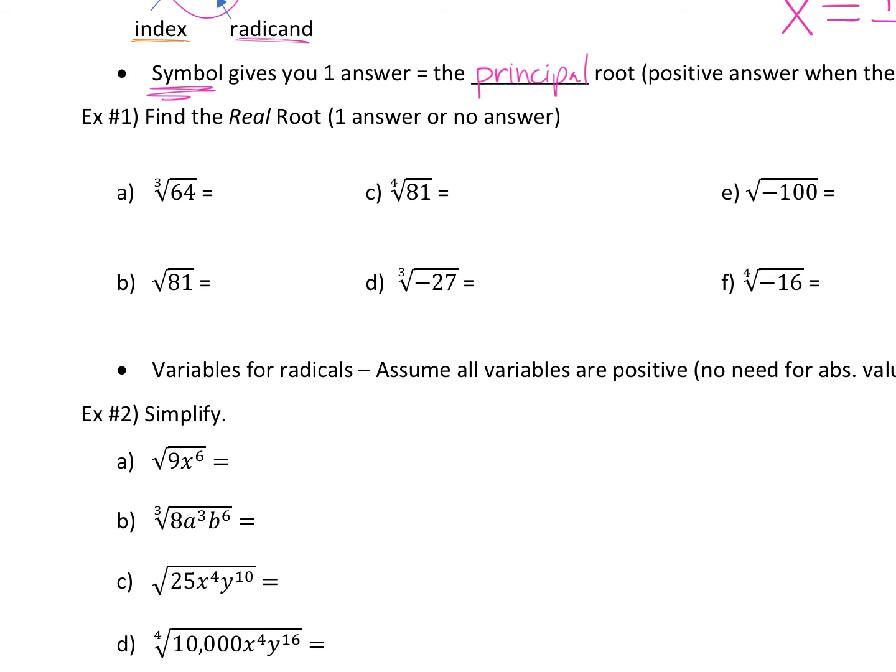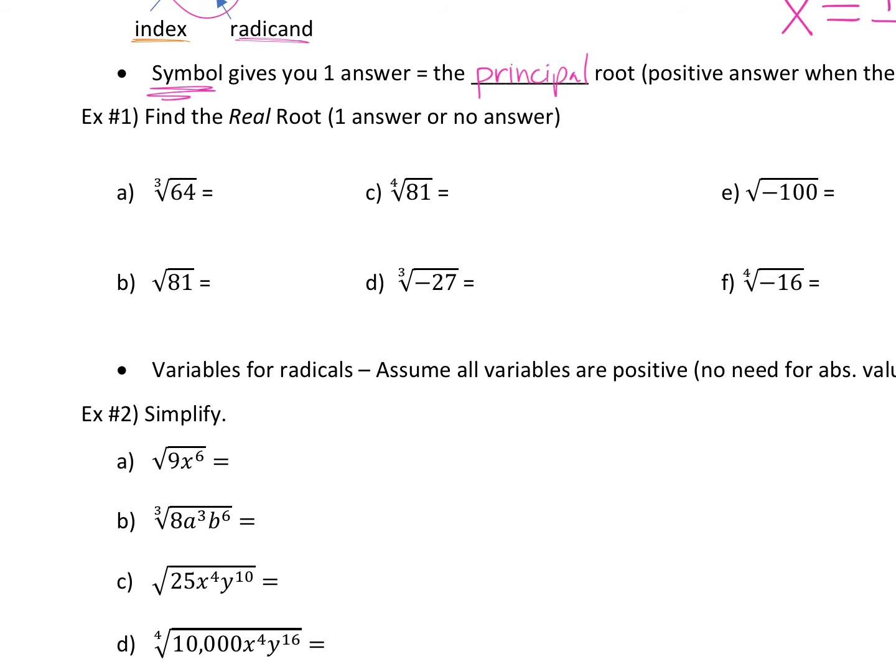Now, if your index is an odd number and the number underneath is negative, it's going to be a negative answer, because that's what the answer would be. I'll show you in a minute. But just keep that in mind. You're not giving a plus or minus answer at all right now. It's just going to be the positive one or the negative one, whichever applies.